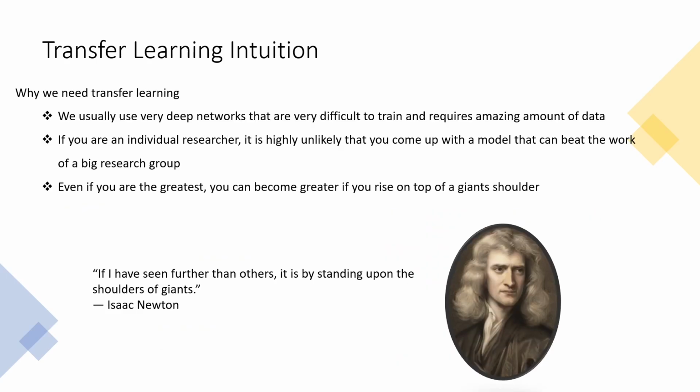So why do we basically need transfer learning? We usually use very deep networks that are very difficult to train and require an amazing amount of data. Up until now, we usually worked with stuff like LeNet, which is kind of a humble neural network. It's not very complicated, and it was kind of easy to train that kind of network.